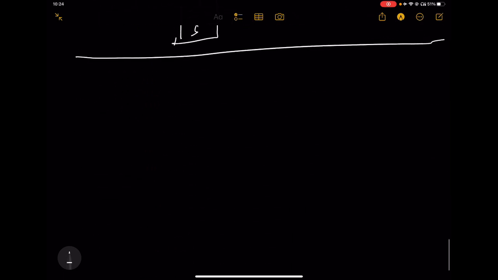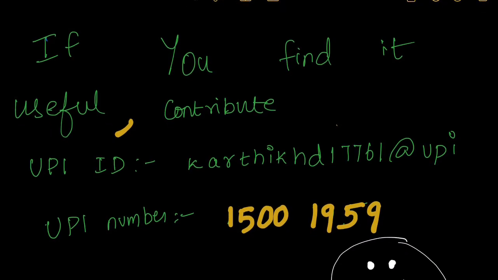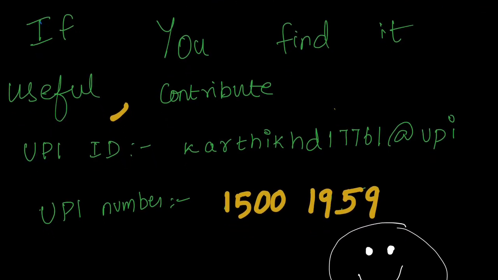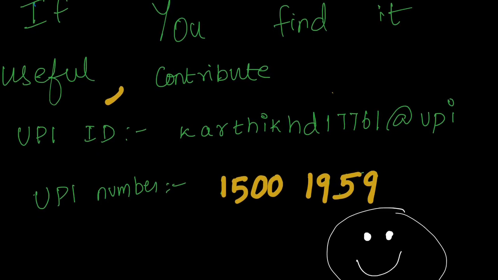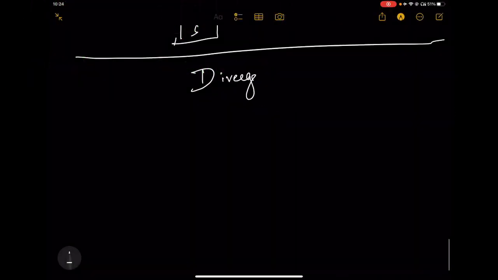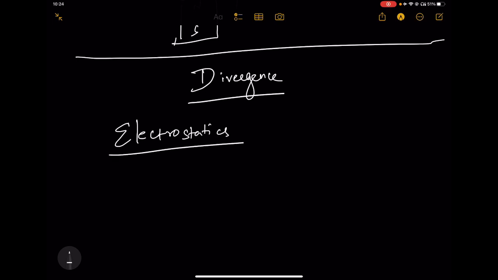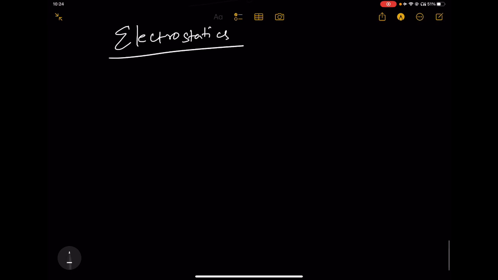This is about the curl. Next we will talk about divergence. Divergence, we will start with the electrostatics case. Electrostatics case means the charges are at rest.